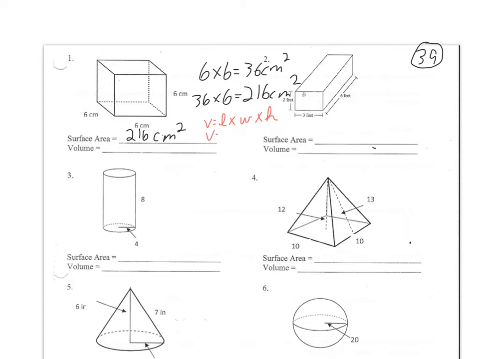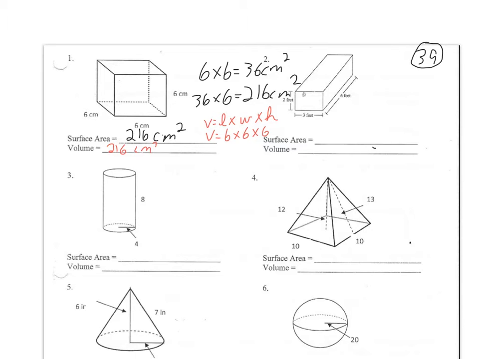So it should be V equals 6 times 6 times 6. Or in this case, be the same thing as 6 raised to the 3rd power. This still gives us 216 for our answer. But in this case, it's going to be centimeters cubed, because we're talking about volume.